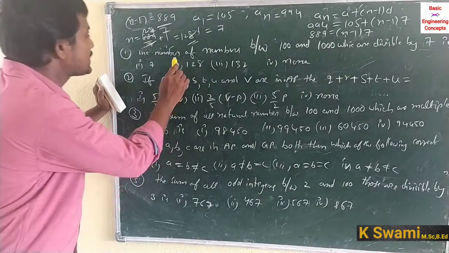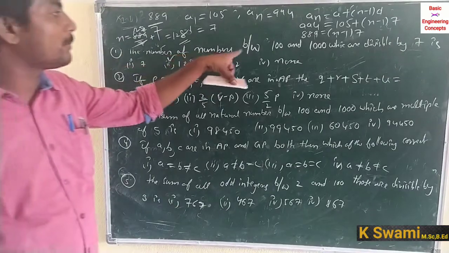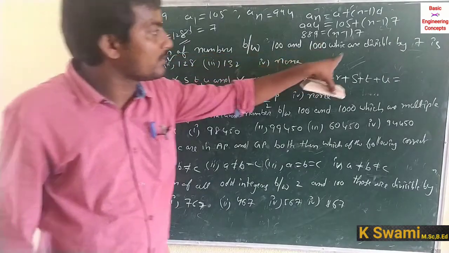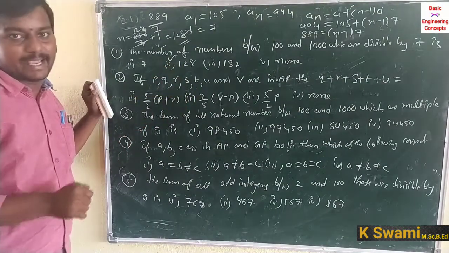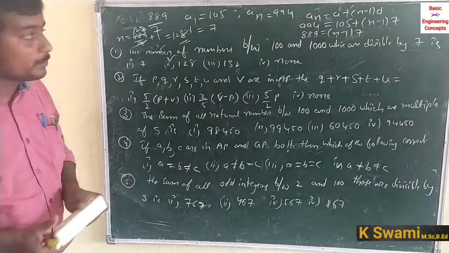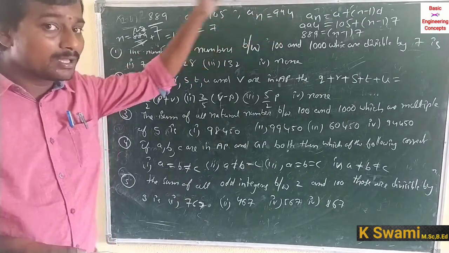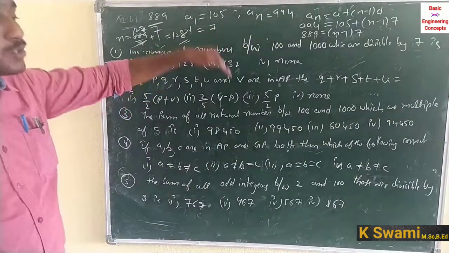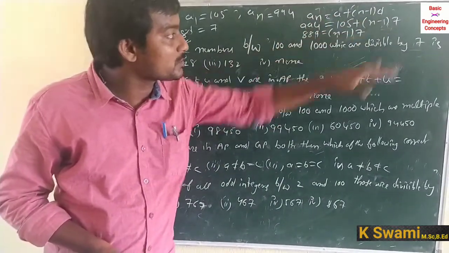Options లో మనకి second option is the 128. The number of numbers between 100 and 1000 which are divisible by 7 is 128. So because first number is equal to 105 and last number is equal to 994, the common difference is equal to 7. So n is equal to a plus n minus 1 into d.